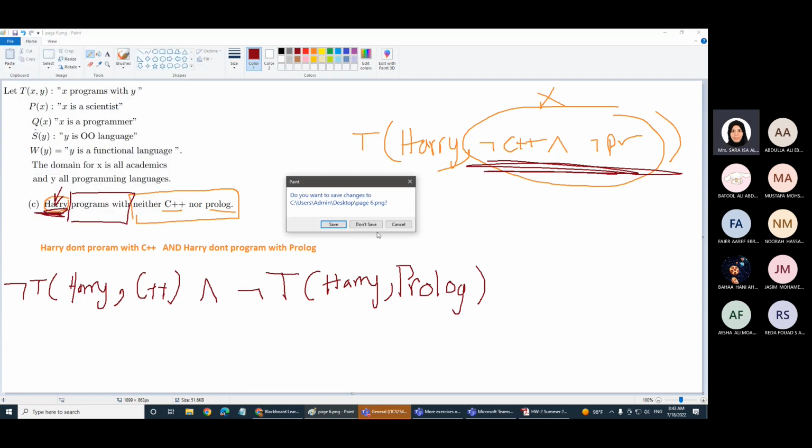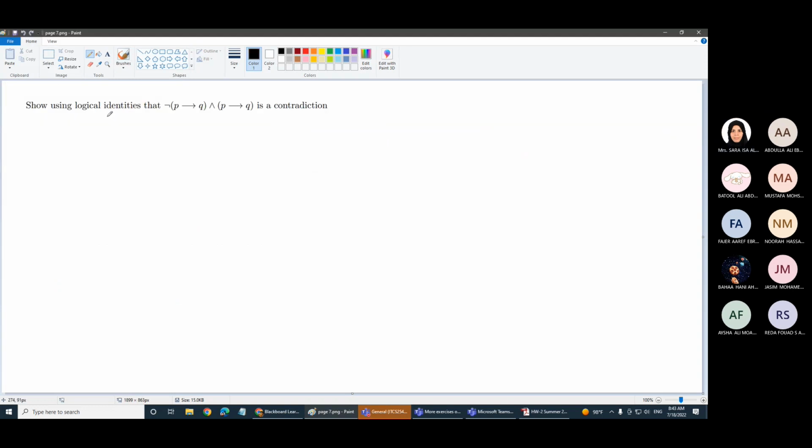I also found in the same exam this question. Show using logical identities that not P implies Q and P implies Q is a contradiction. What does it mean, contradiction? Contradiction is the opposite of tautology. Tautology means always true. Contradiction means always false.